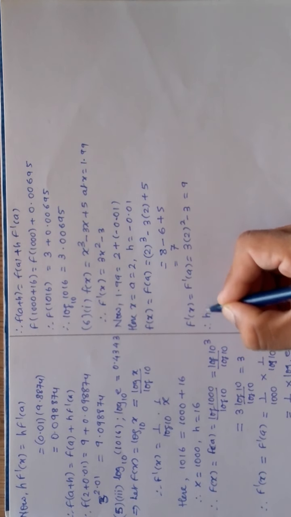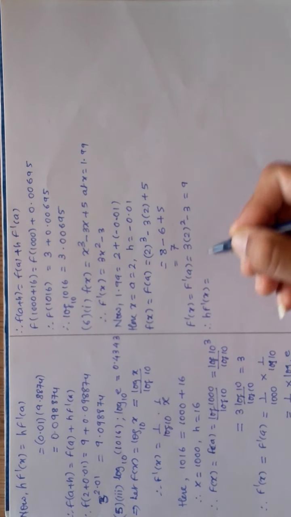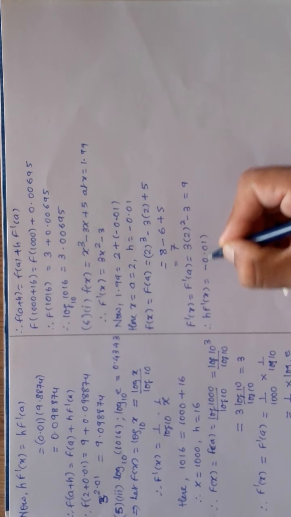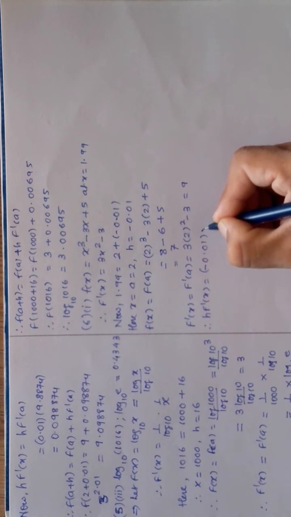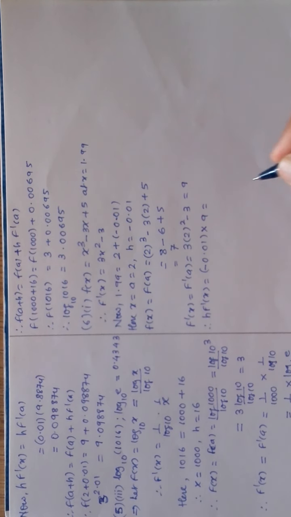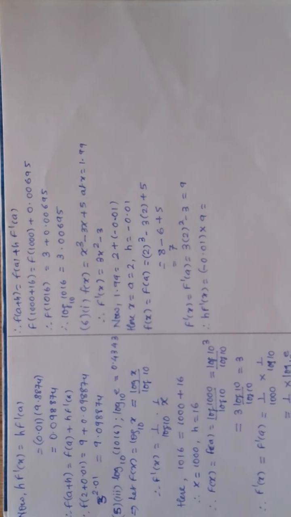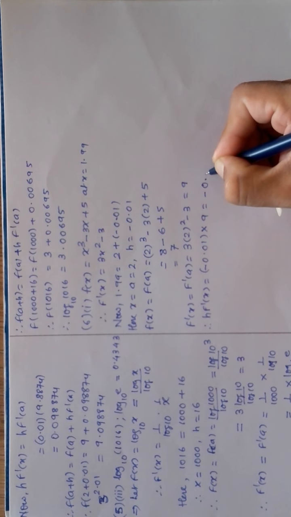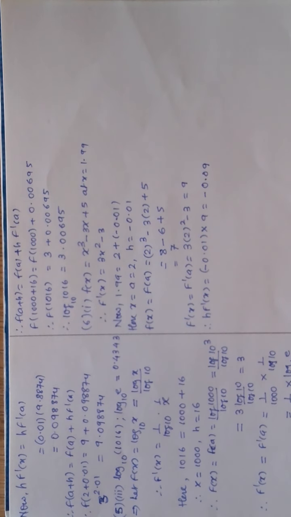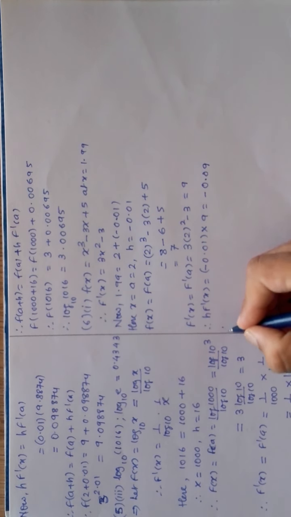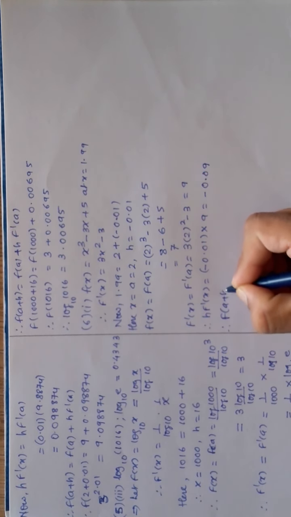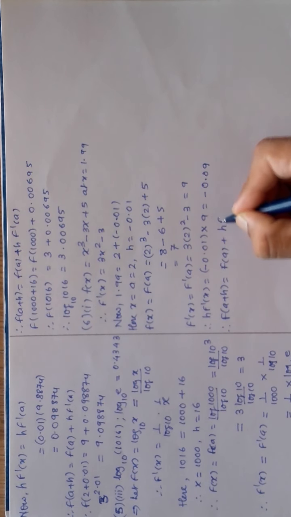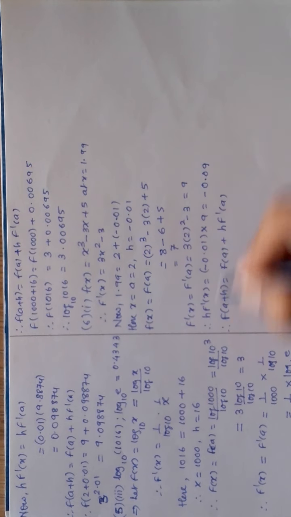Now you require here h into f dash x. Now h into f dash x is minus 0.01 into f dash x is your 9. So here this will become minus 0.09. Okay. So now obviously f(a plus h) is equal to f(a) plus h into derivative of a.